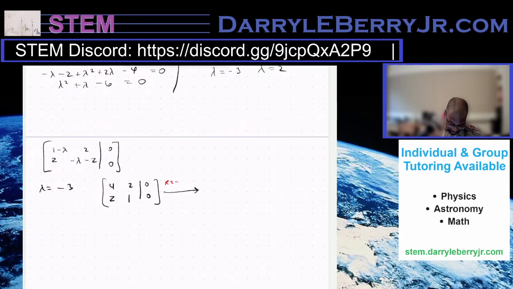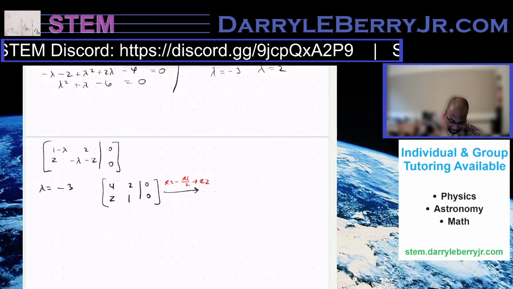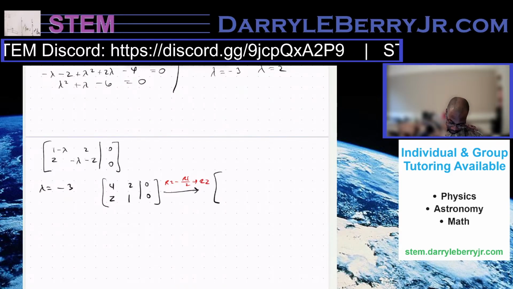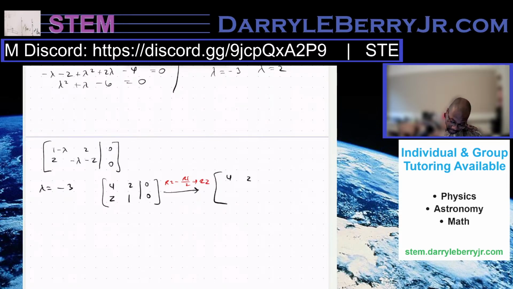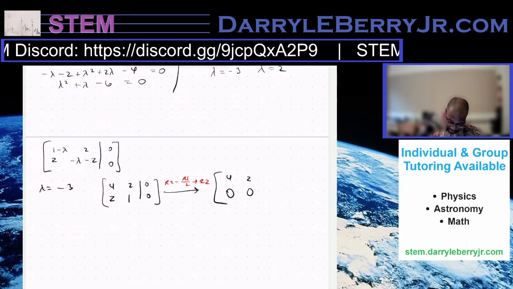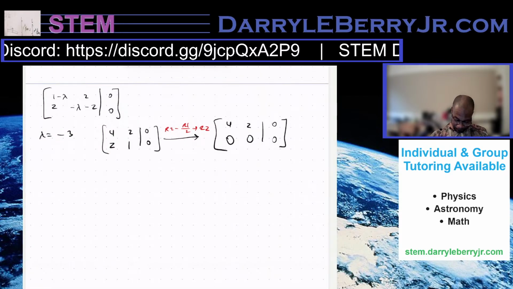row 2 minus row 1 divided by 2 is row 2. So we have 4, 2, 2 minus 2 is 0, 1 minus 1 is 0, 0, 0, linearly dependent as it should be.